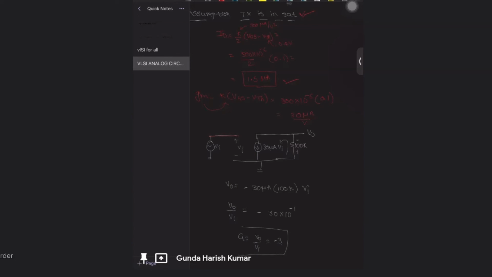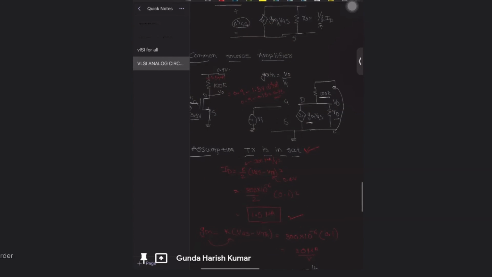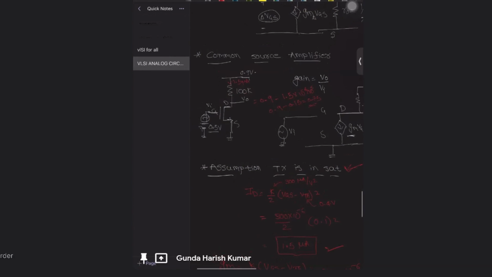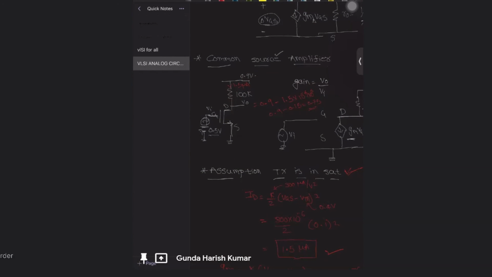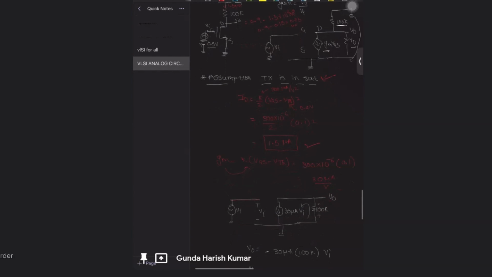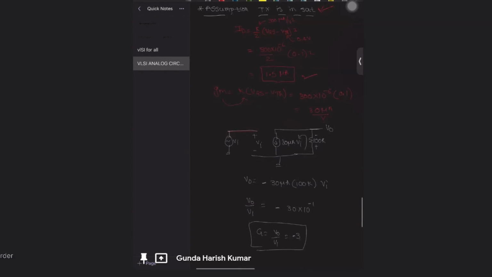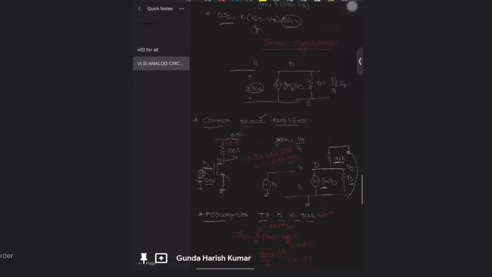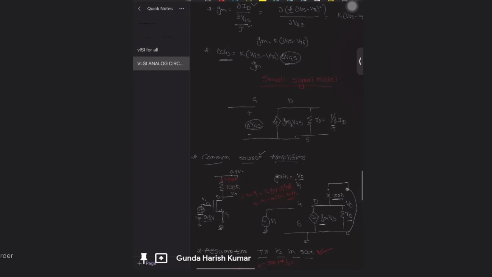So gain equals V0 by VA equals minus 3. This is the gain of this common source amplifier. It is called a common source amplifier because the source is common to both gate and drain. It is grounded, input is applied at the gate and output is taken at the drain. So this is the small signal model of the amplifier, and a common source amplifier example.